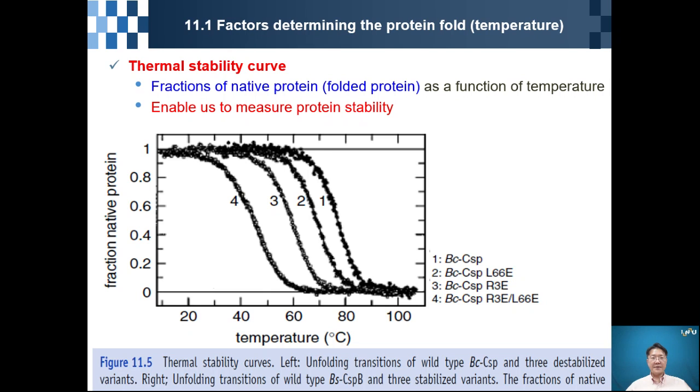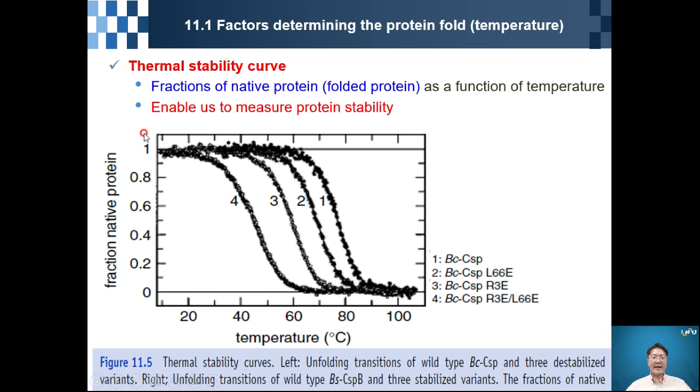Okay, in this slide we will learn the thermal stability curve. The thermal stability curve is the fraction of native or folded proteins as a function of temperature. The y-axis is the fraction of native or folded protein, and the x-axis is temperature.